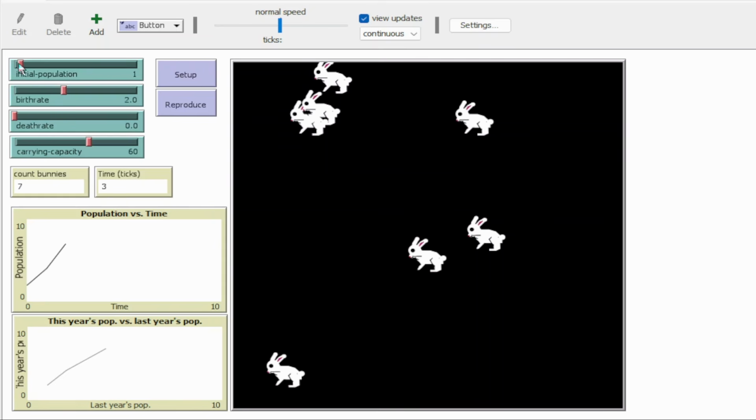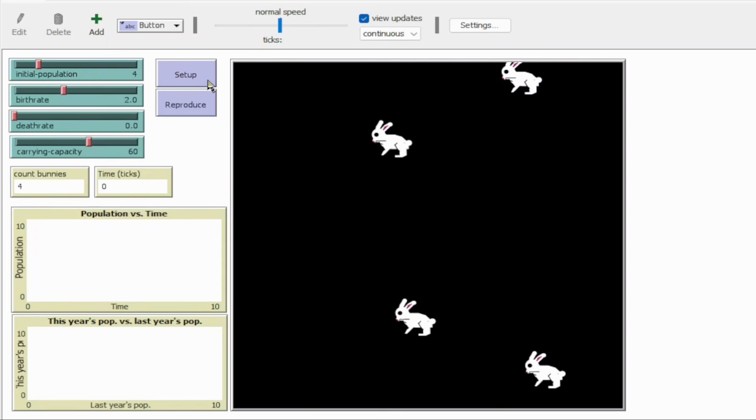If I increase this initial population by a factor of 4, so instead of starting with 1 rabbit we start with 4, and if this was a linear model, at time 3 we should have 4 times 7, or 28 rabbits. But since this is not linear and is a sublinear logarithmic type of function, I expect to have less than 28 at time 3.